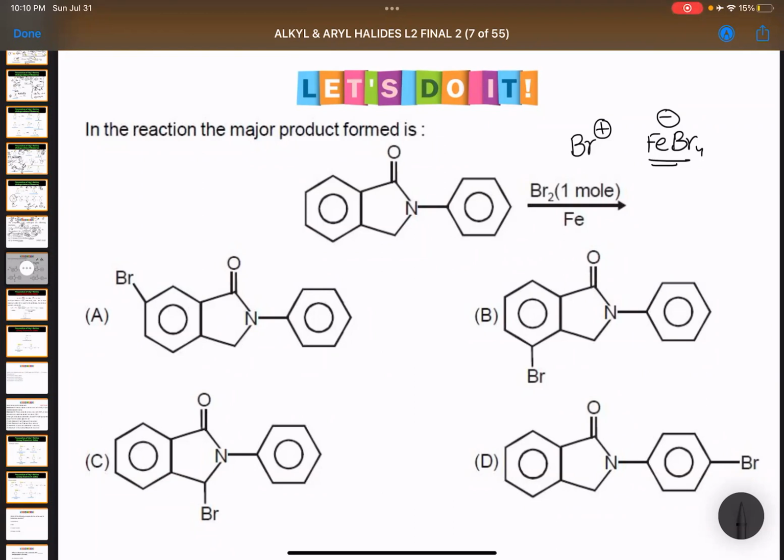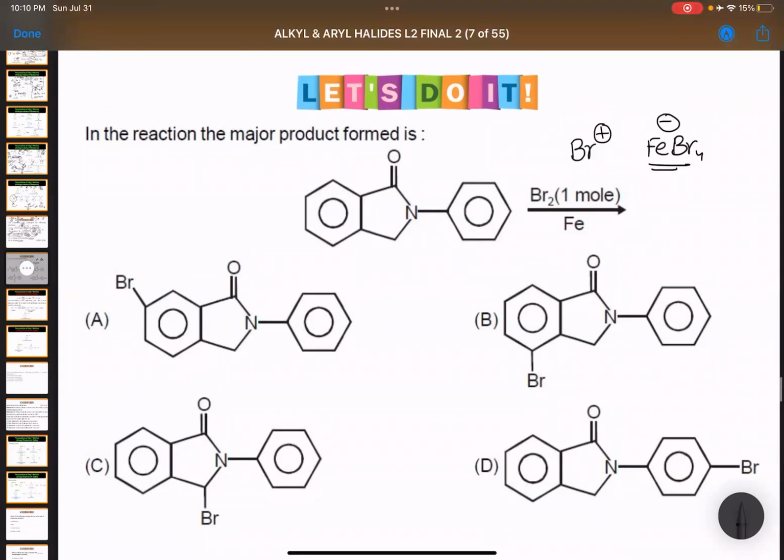So the answer is going to be out of options A, B and D, any one of these, because in only these three options we have Br connected to benzene. Okay, clear? Tell me, Samaira, Hanifa, Nabil.